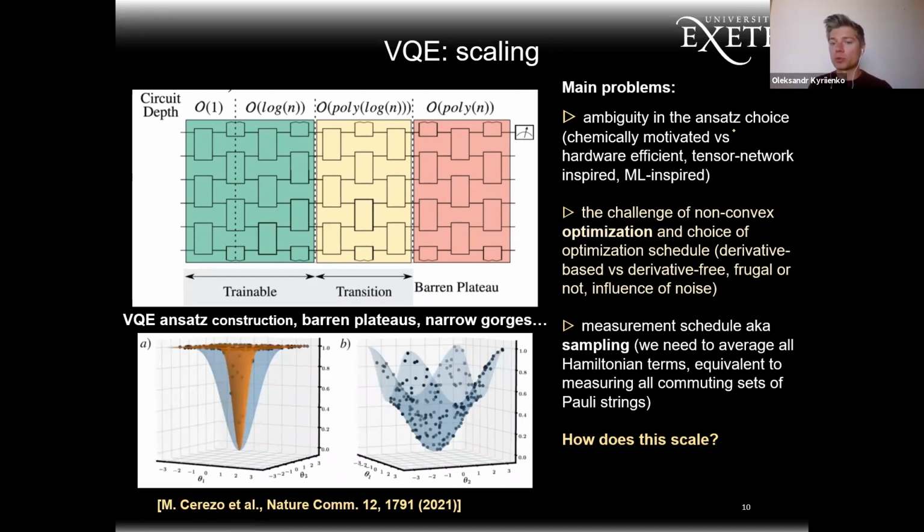But if you don't know this ansatz, if it's not chemically motivated but hardware efficient, it will be difficult because it's a non-convex optimization. So the landscape will look more like this: some nearly flat region of energy and then a sharp decrease to the ground state. So how do you make efficient optimization in this landscape?